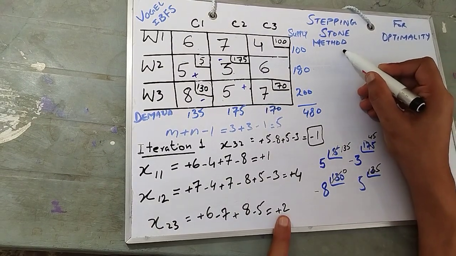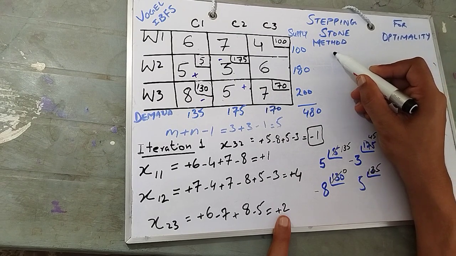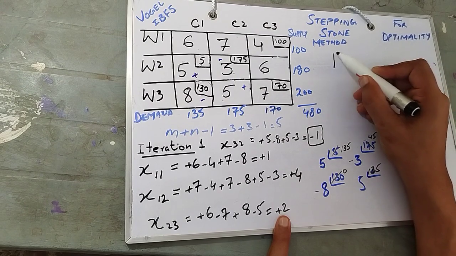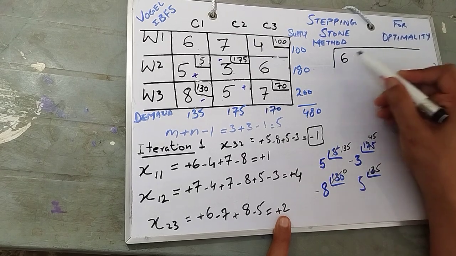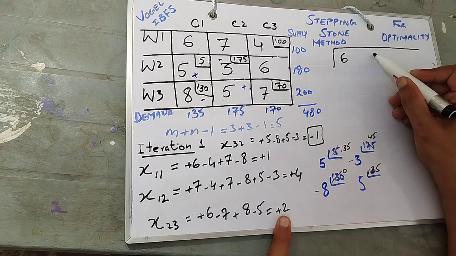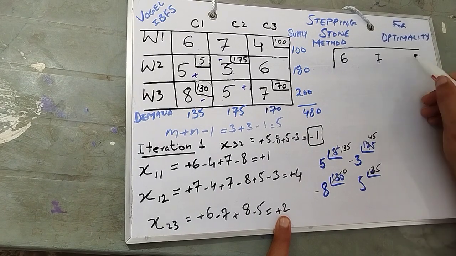So now we will have a new matrix. Let me make it for you. 6, 7, 4.